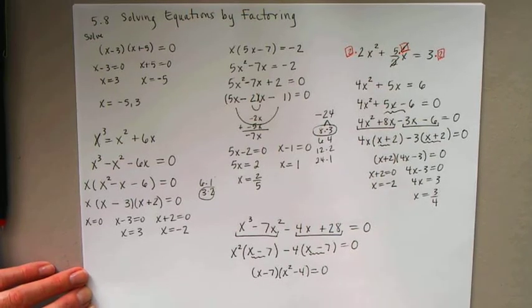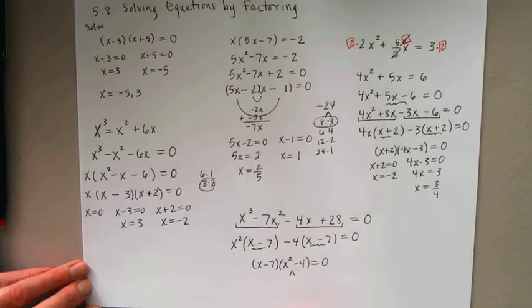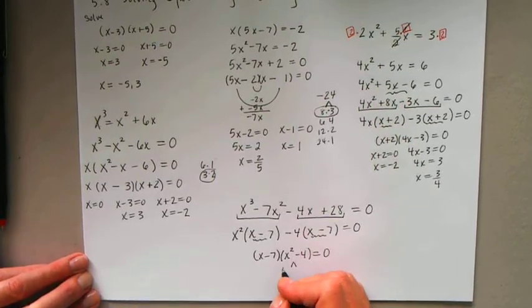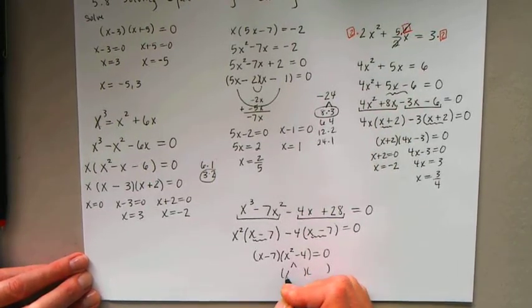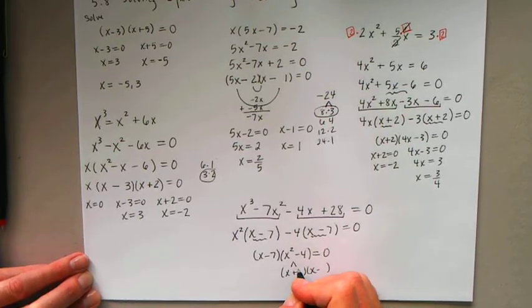Now I like this one, because it's a perfect square and a perfect square, this is a difference of squares. So this will go even further. And it will factor into x plus and x minus the square root, which in this case is 2.